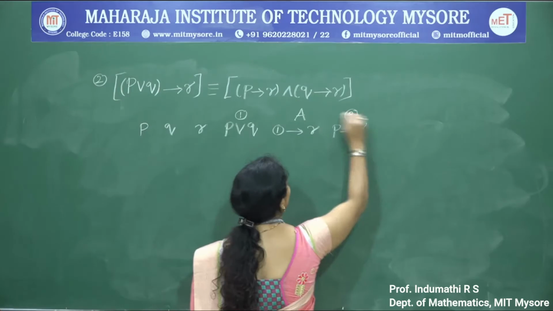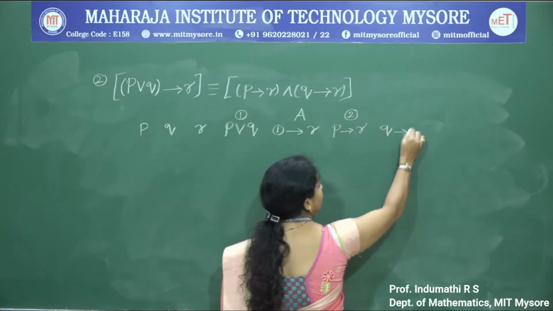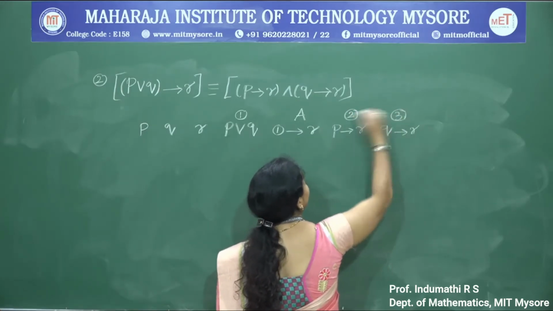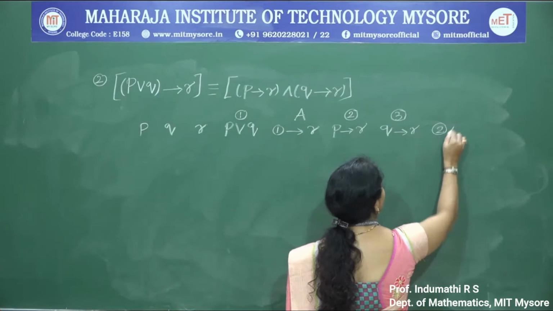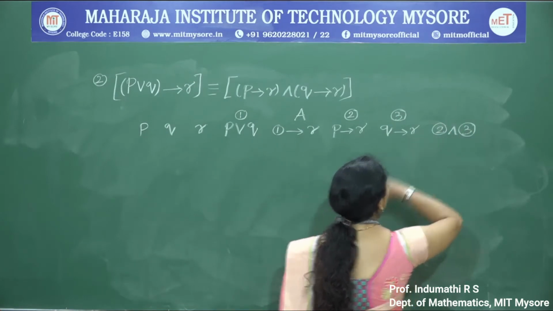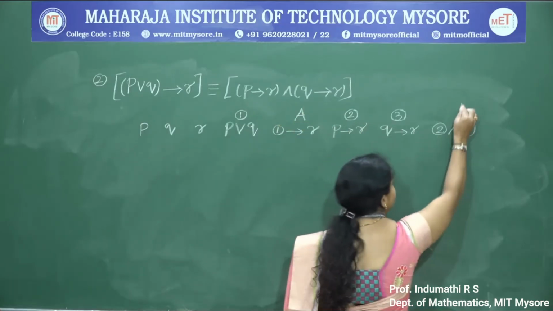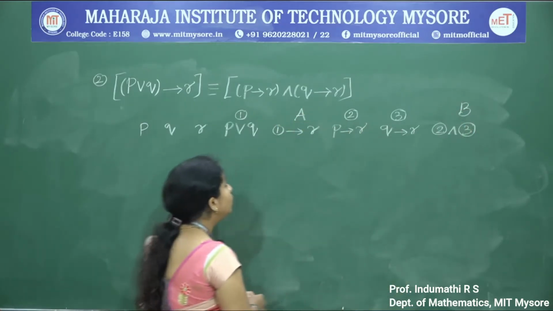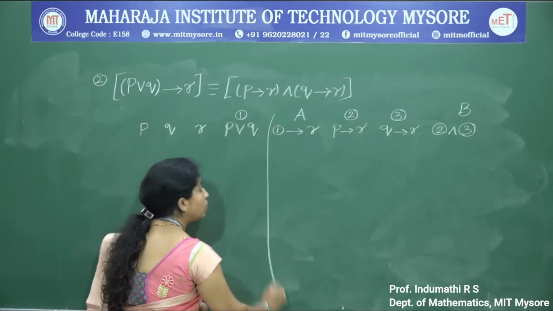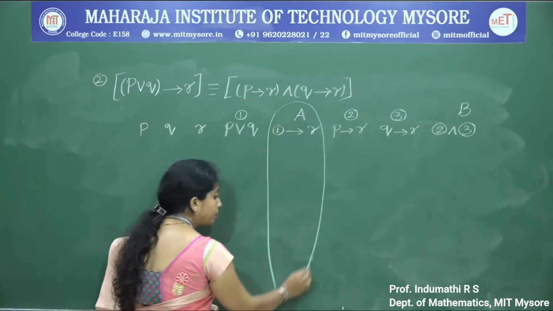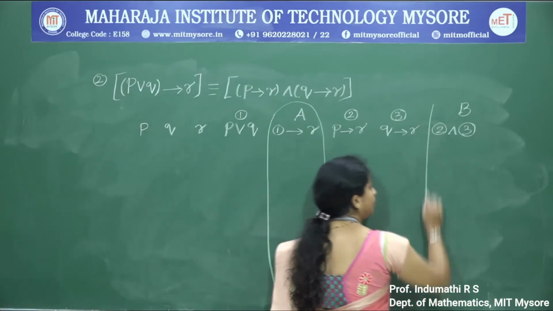Denote this by 2. Q conditional R. Denote this by 3. Then the conjunction of those 2 compound propositions, 2 conjunction 3. Now this is the RHS part. Denote the RHS part by B. Now here we are supposed to see the truth values of A and B after constructing the truth table.